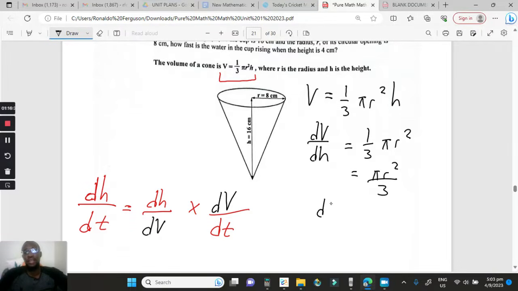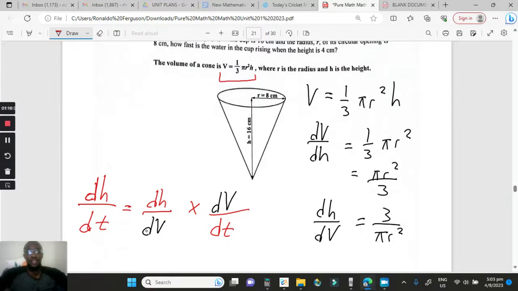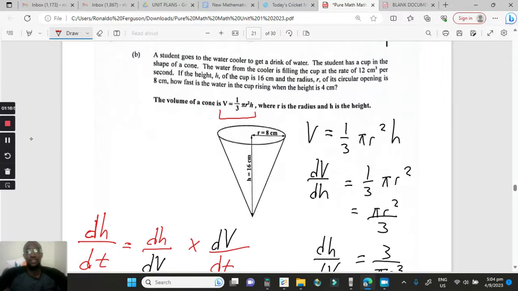So if I want dh by dV, I flip it, and this is 3 over pi r squared. Now dh by dV is 3 over pi r squared, and this is multiplied by dV by dt, which is the volume rate.